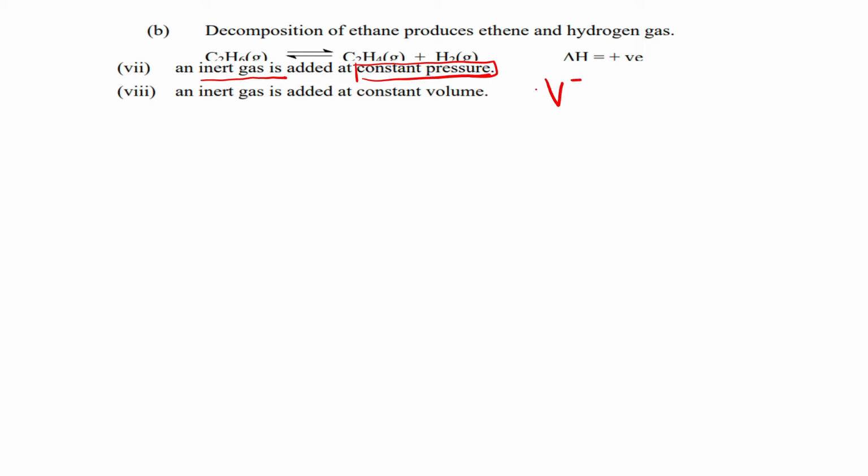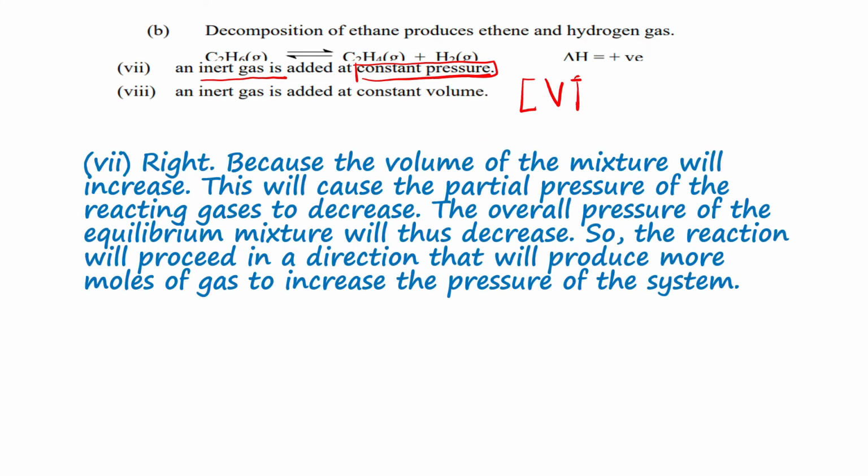Jadi bila constant pressure dia masukkan inert gas, the volume will increase. Jadi bila volume is increased, dengan peningkatan volume dia akan menghasilkan lebih banyak apa? More moles. Okay, jadi bahagian yang more moles di sebelah mana? Di sebelah kanan. Jadi dia akan shift to the right because the volume of the mixture will increase.